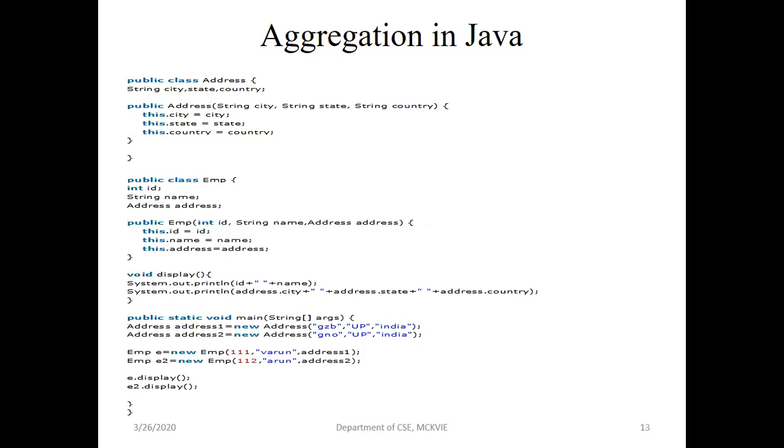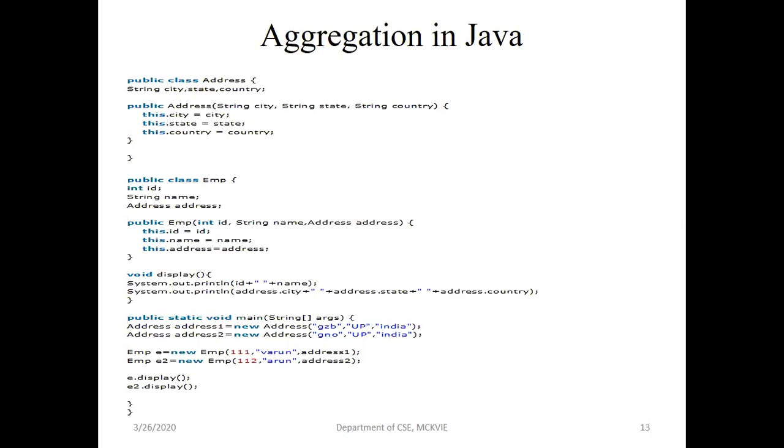Public class Address, with String city, state, country. And this is the constructor of the Address class. I have used this because I have taken the parameter names as city, state, country, which are similar to the member variables, or rather the class members.